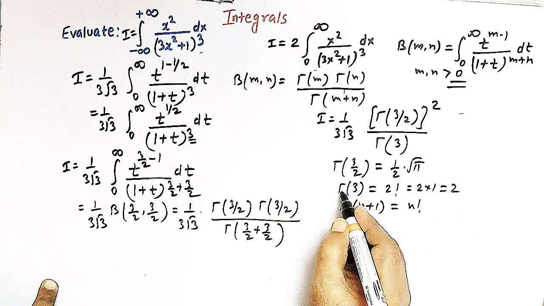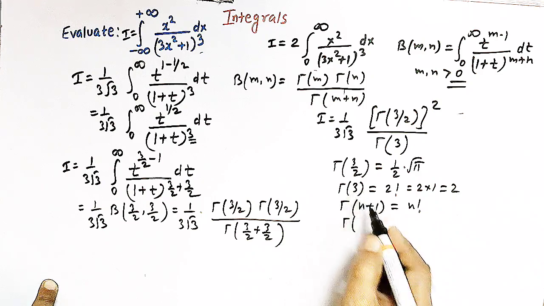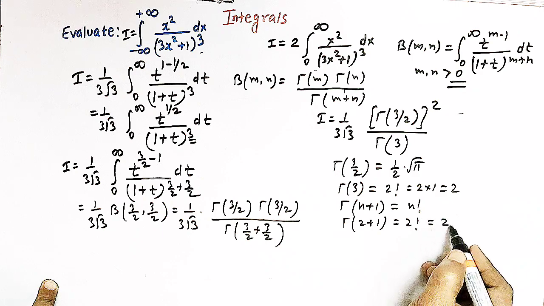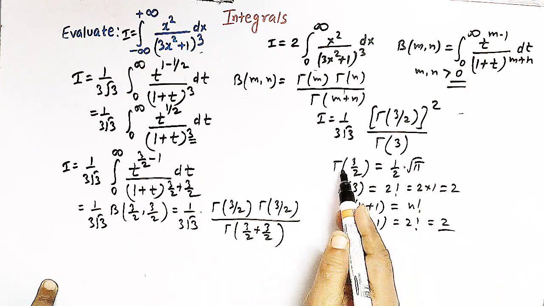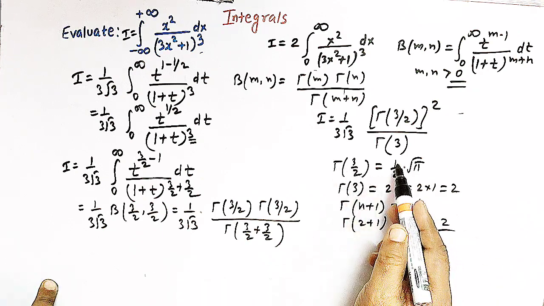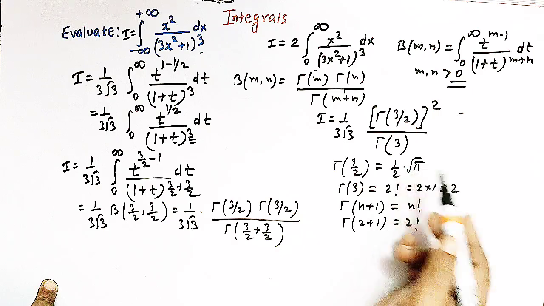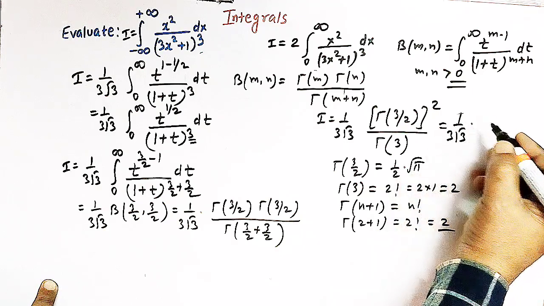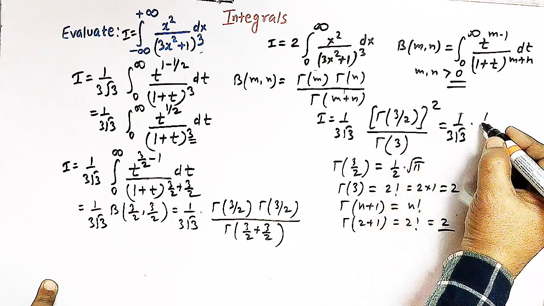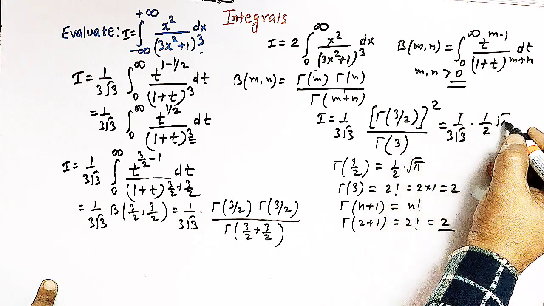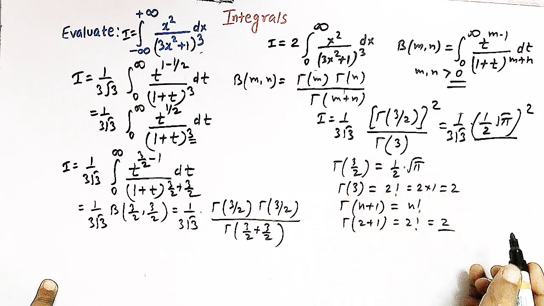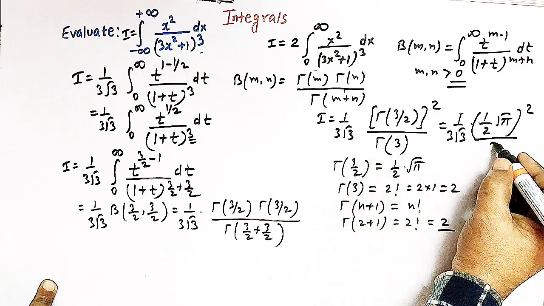So here we have gamma 3. So gamma 3 can be written as 2 plus 1, that is equal to 2 factorial, that is 2, right? And gamma 3 by 2 is equal to half times square root of pi. So we can now write 1 over 3 root 3, and here we have 1 over 2 root pi square, and gamma 3 is equal to 2.